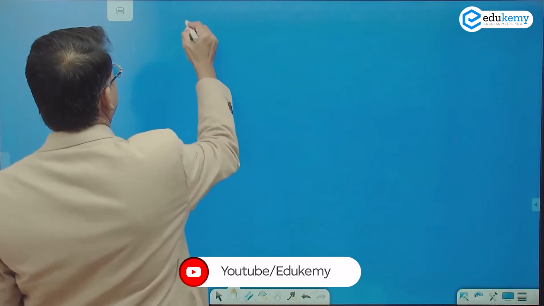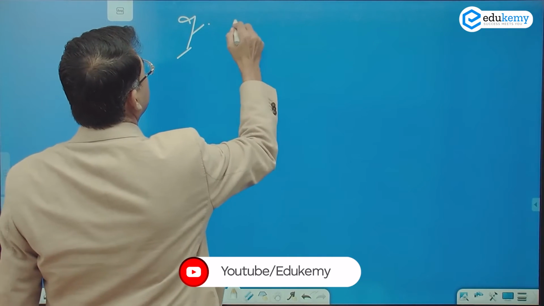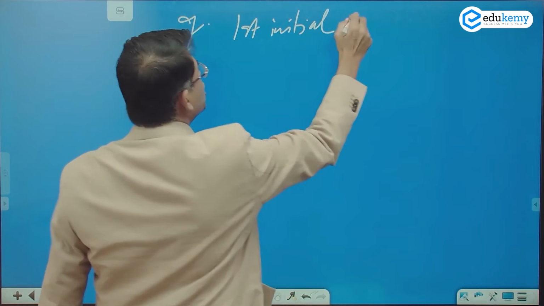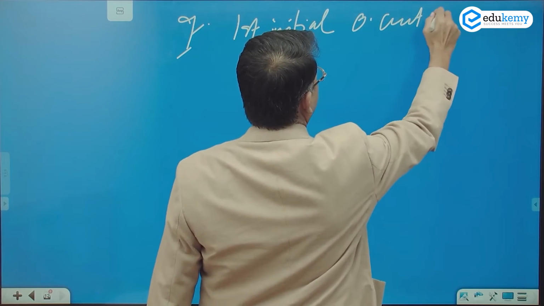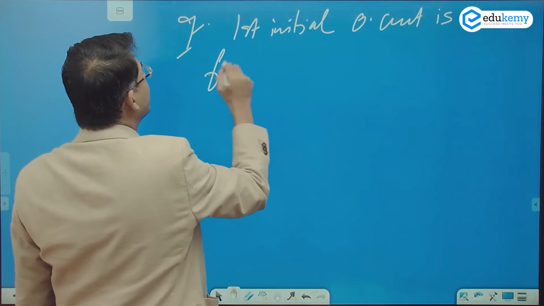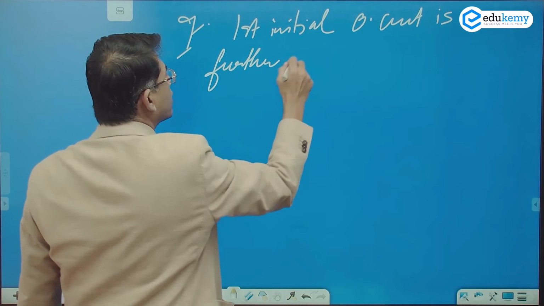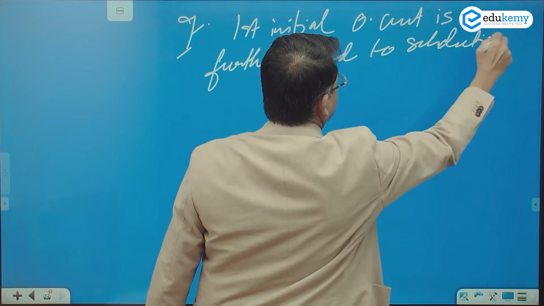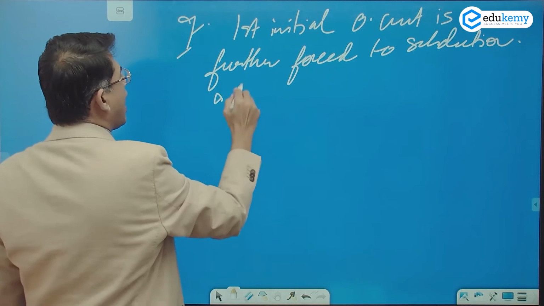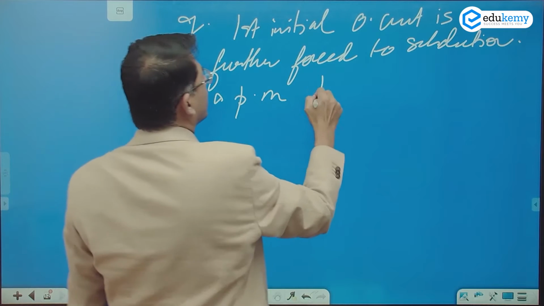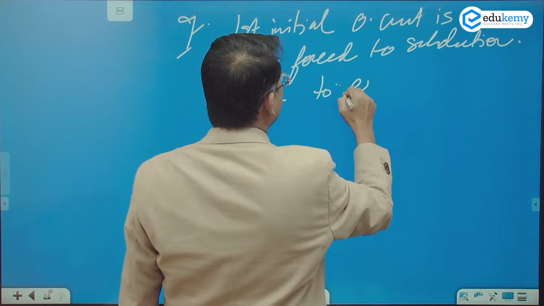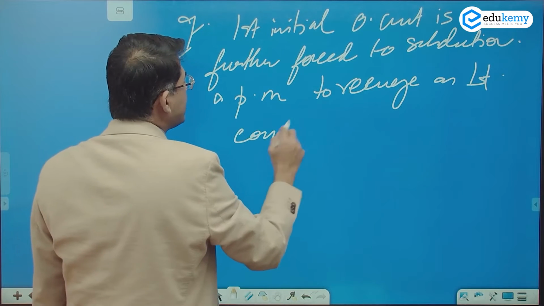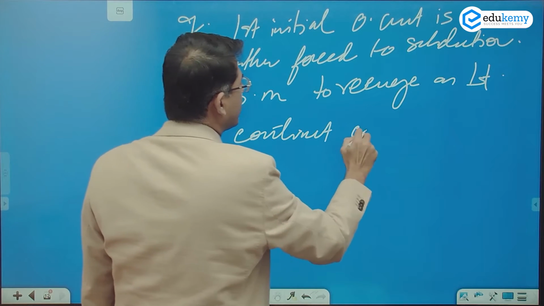So point number 7. Okay, the first or the initial ocean crust is further forced to subduct, with partial melting, to re-emerge as the first continental crust.